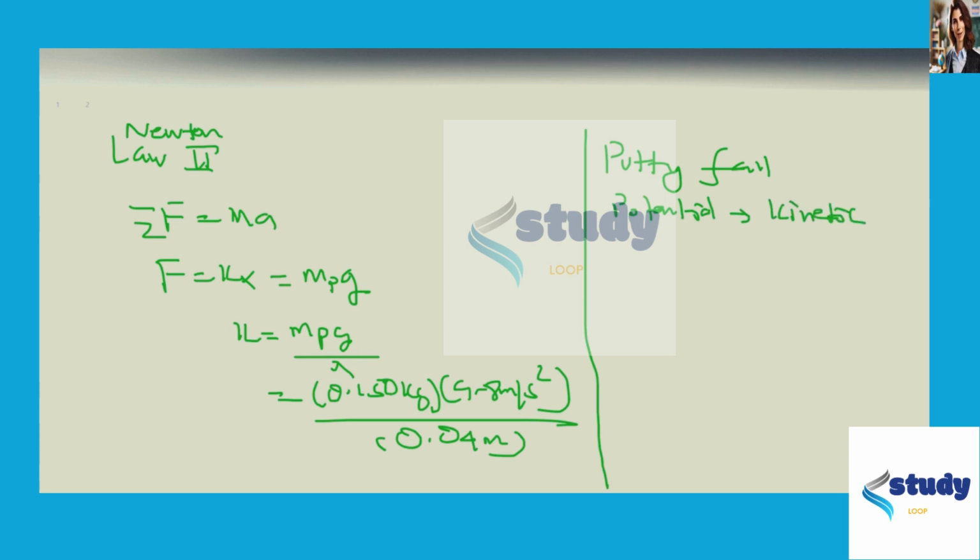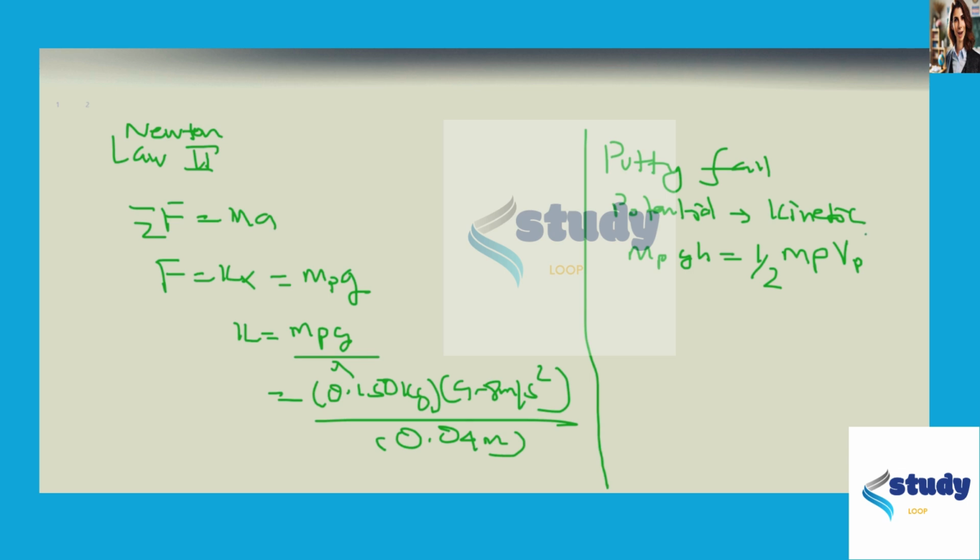So the initial potential energy, MP g h, we have to go back and see what our h is, is all transformed to kinetic energy, which is 1/2 MP Vp squared, where Vp is the velocity of the putty as it falls.